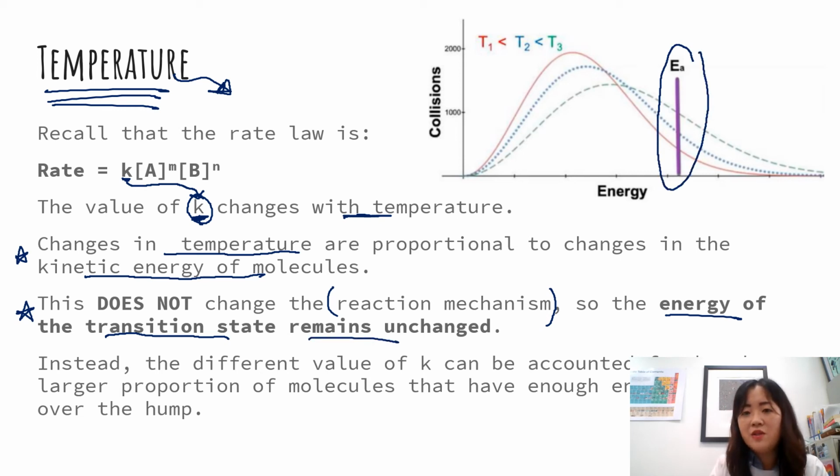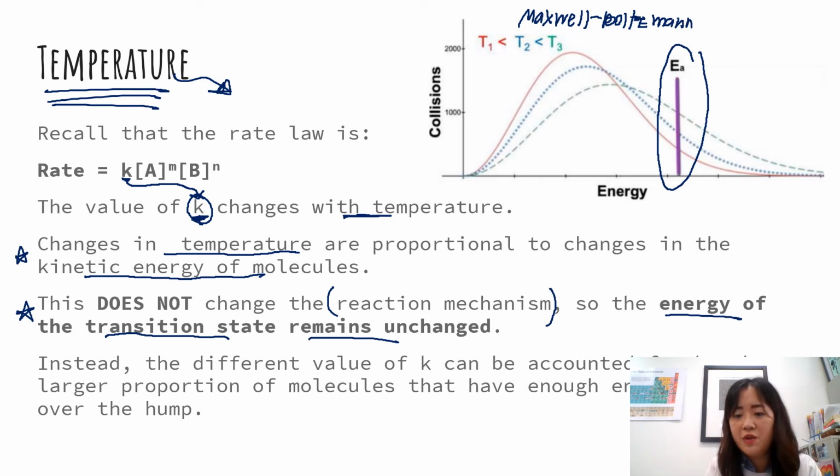So this graph that you see over here is called the Maxwell-Boltzmann graph, and it's showing you a relationship between collisions and the energy inside the chemical reaction. Collisions just means the number of collisions that occur.